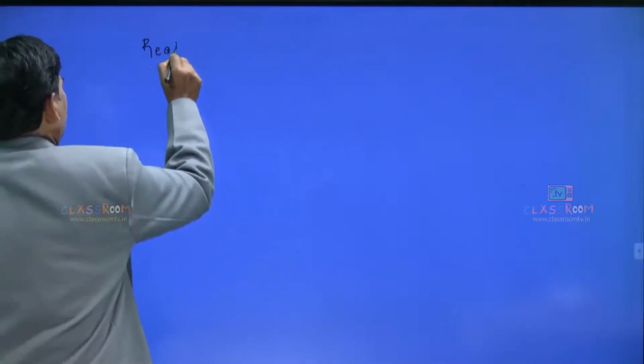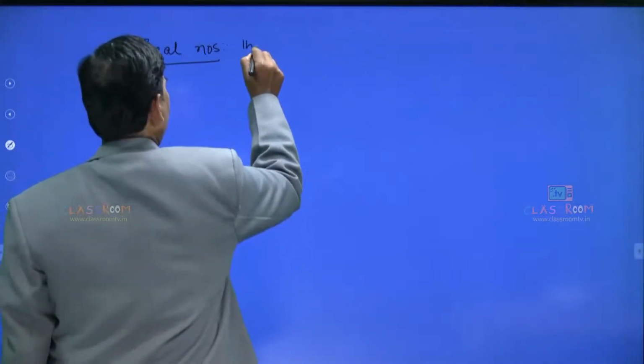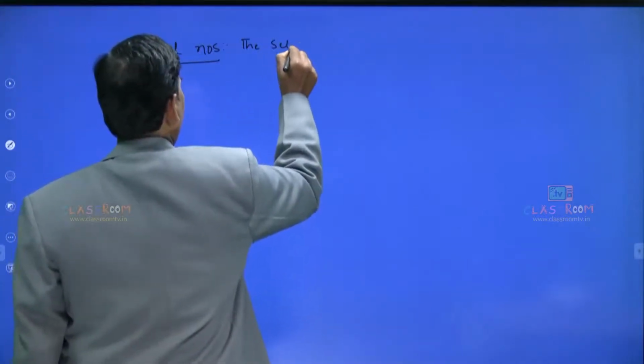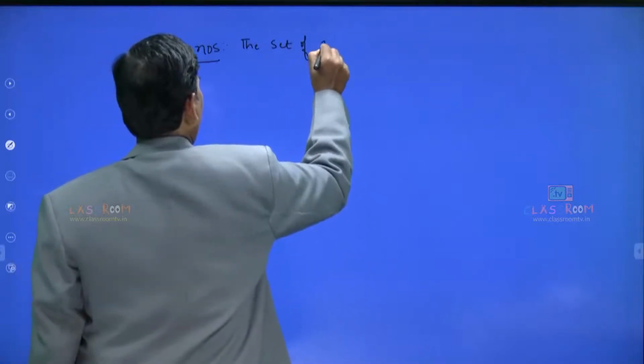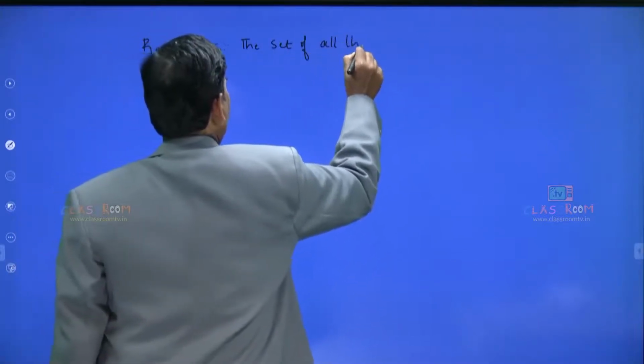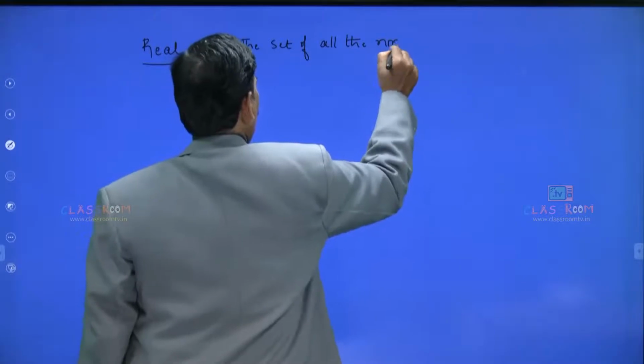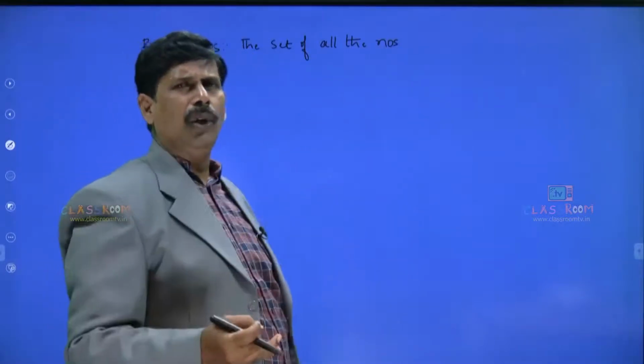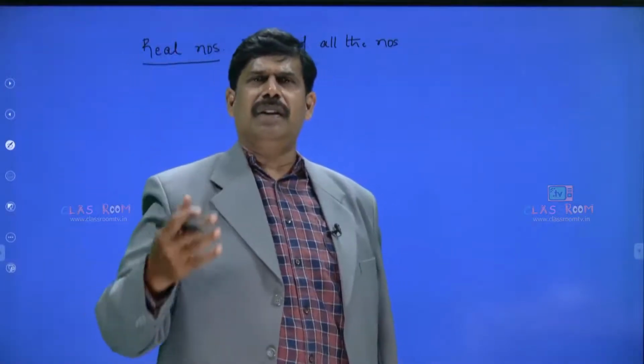So now, let us come to our topic, real numbers. So what are real numbers now? The set of all the numbers. What are all the numbers? Like natural, whole, integer, rational.